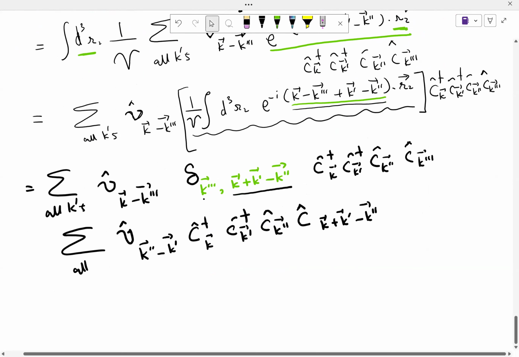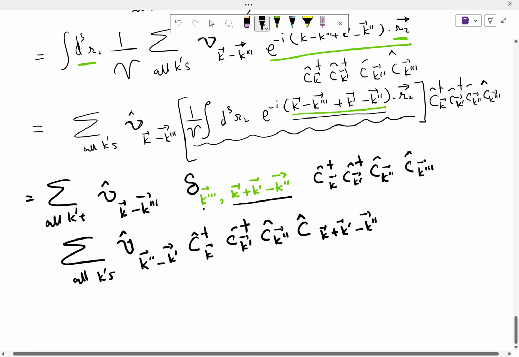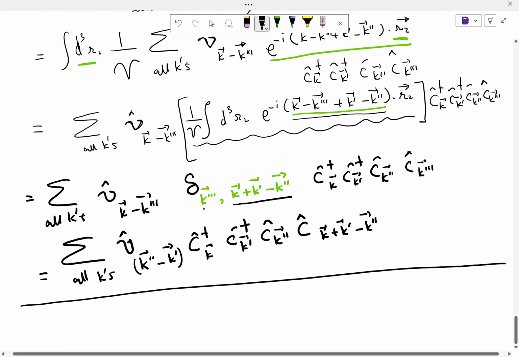Now there are only 3 k's that remain. Remember, k triple prime has been taken care of. So this is the second quantization form for the Coulombic interaction. Beautiful. Really, really beautiful.